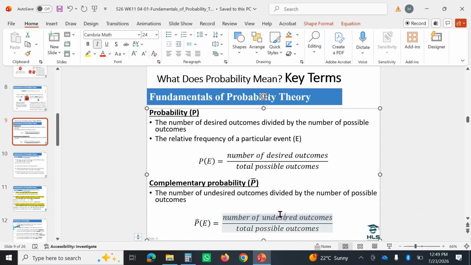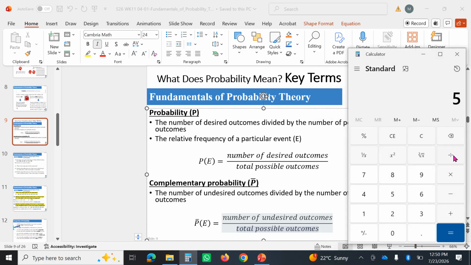So that's 5 possible outcomes divided by 6 total sample space. 5 divided by 6, times 100, is an 83% chance that you're not going to hit a 5.